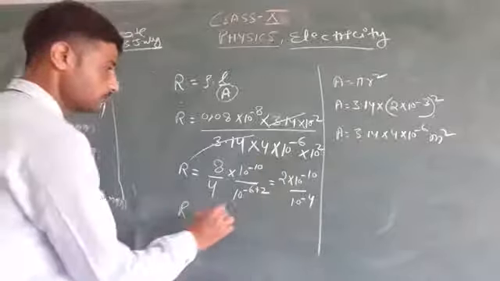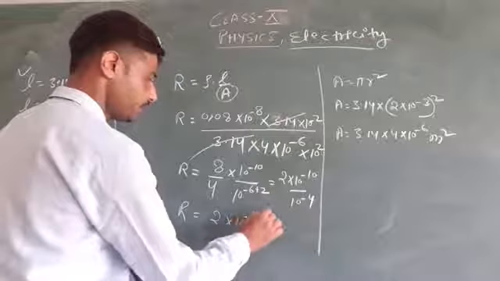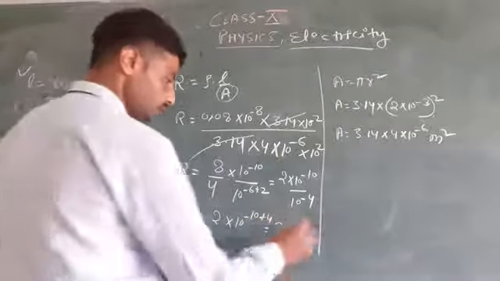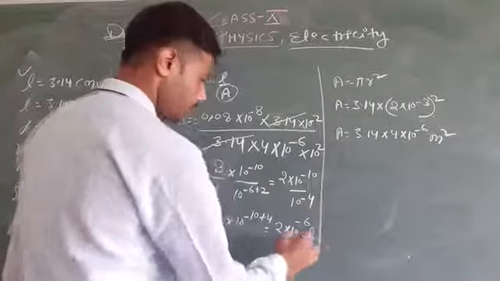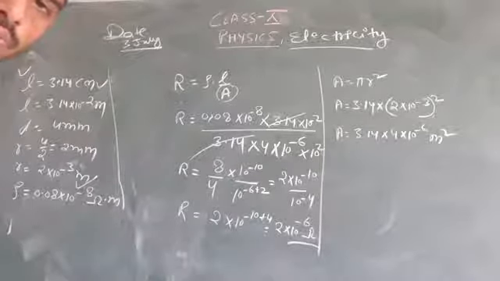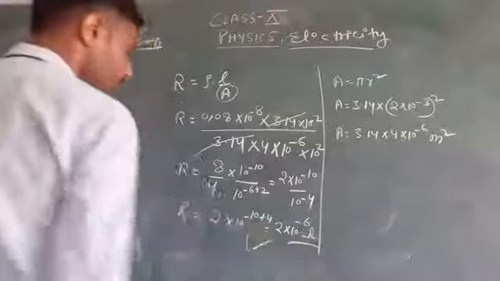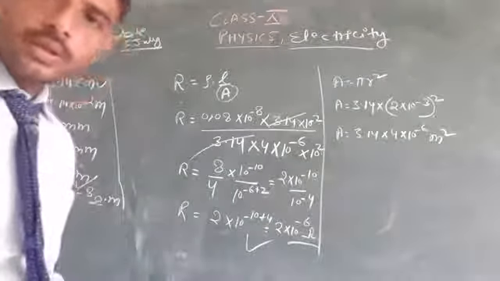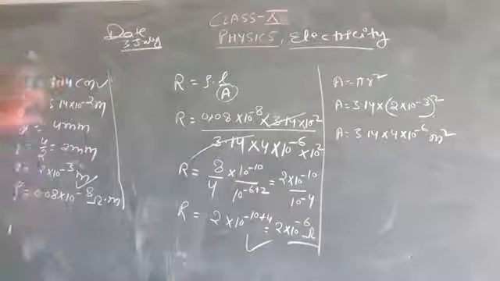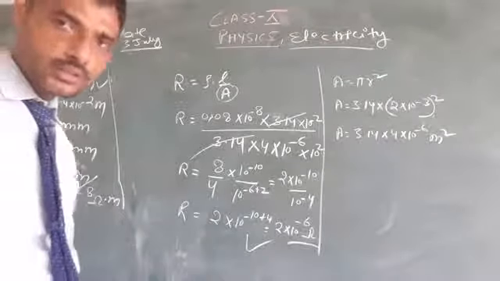So R equal to 2 into 10 to the power minus 10 plus 4, so 2 into 10 to the power minus 6 ohm. This is the value of resistance. So I hope you understand this numerical, how you can find resistance when the length, diameter and resistivity are given.